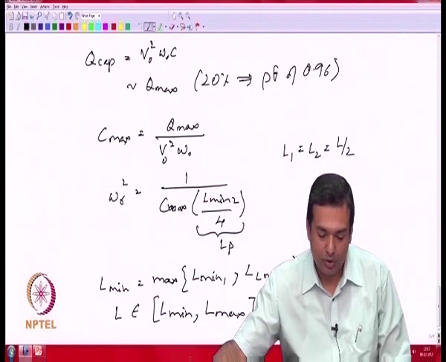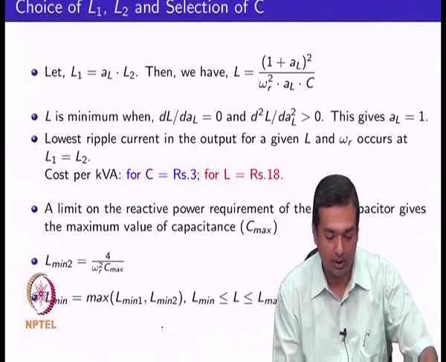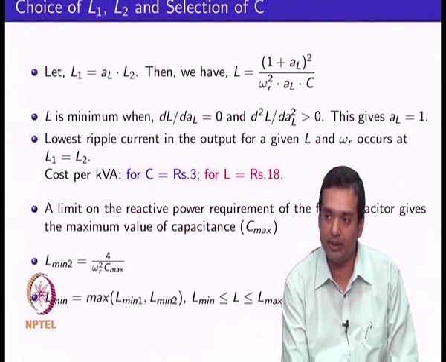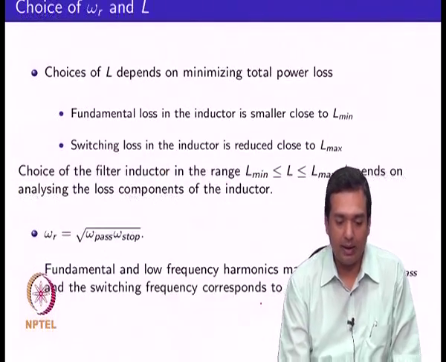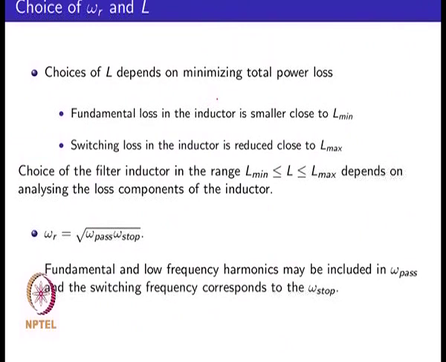So, the another question is how to actually go about the selection of the value of the inductor in this range between your minimum and maximum, and the actual choice of the value of L between the minimum and maximum could be based on minimizing the power loss in your filter. If you look at the power loss in a filter, the value of the power loss at fundamental frequency plus the value of the power loss at the switching frequency is what you are trying to minimize.